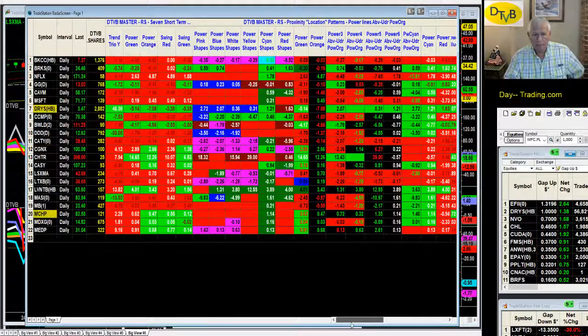The other thing I was going to point out here is I always use the interval, the last column, so in other words, that's the price of that particular stock at this point in time, and I use the shares column, which basically is an ability to set, for example, if you want to trade $10,000 each time you pull the trigger.